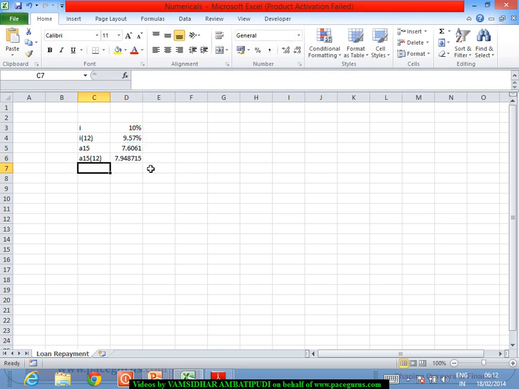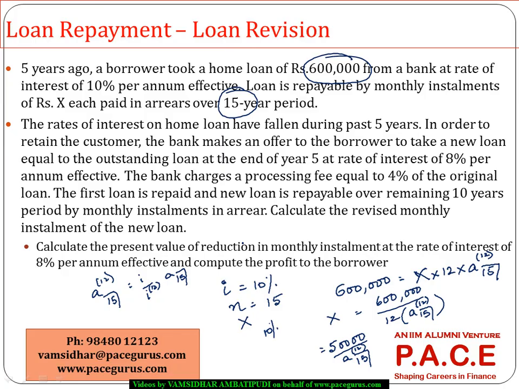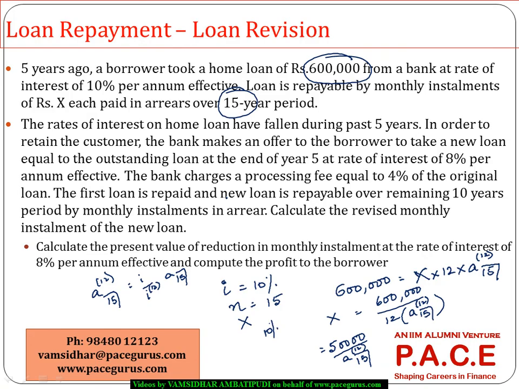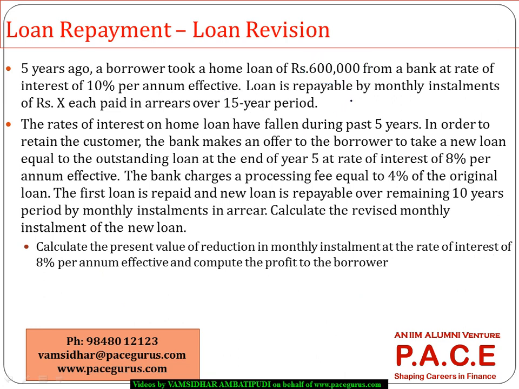This gives me a15 for 12. Based on this I will get my X, which is my monthly installment on this loan. I will get it as 50,000 divided by this, almost working out to 6,290 rupees. So in the regular case, I should pay a monthly installment EMI of 6,290 rupees 33 paisa.